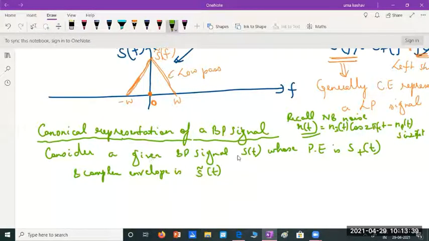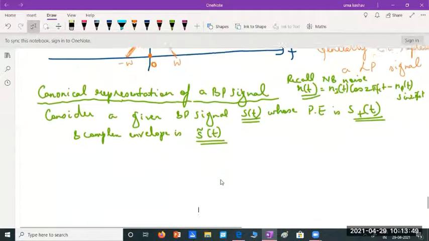So the given bandpass signal is S of t. Its pre-envelope is given as S plus of t and its complex envelope is given as S tilde of t.